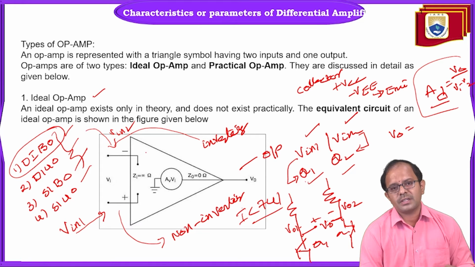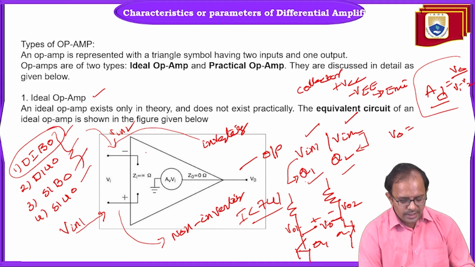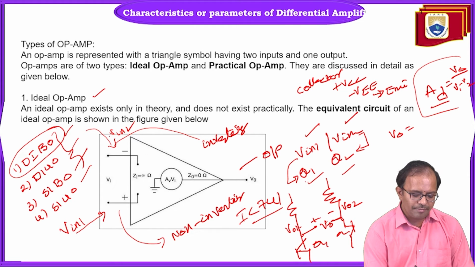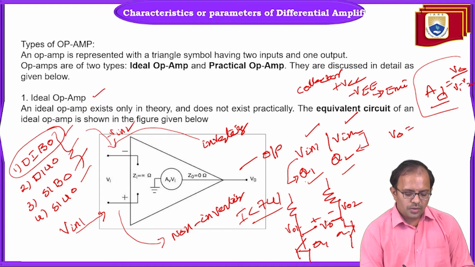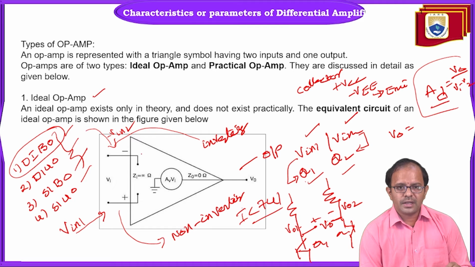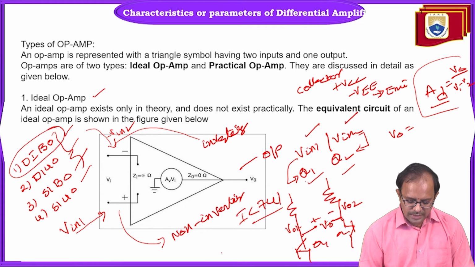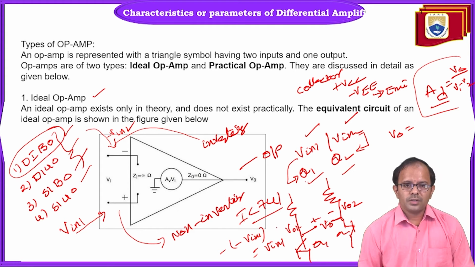That is the meaning for inverting and non-inverting, irrespective of the original signal nature. Suppose we apply a signal with polarity of minus, so what happens when the signal approaches this inverting terminal? It will opposite the polarity. So the signal available at the inverting terminal will be minus of minus Vin1, which is going to be plus Vin1. Right?